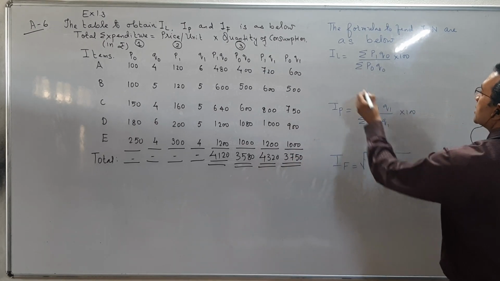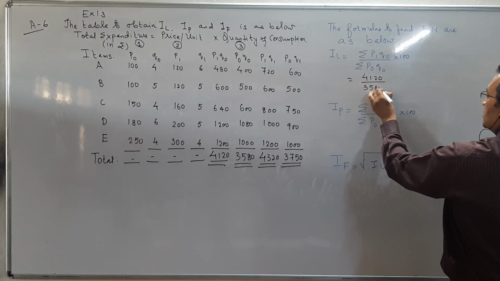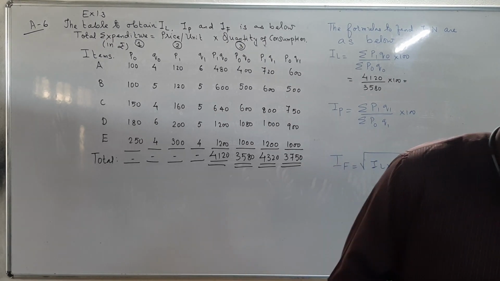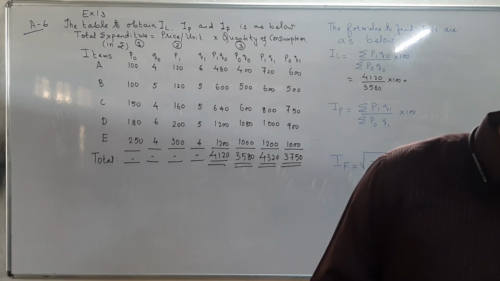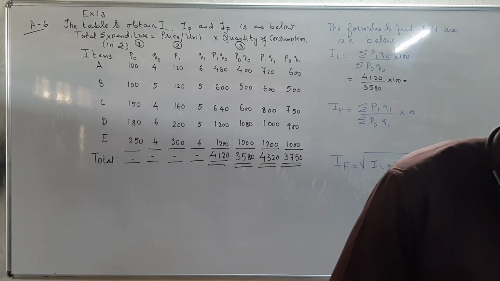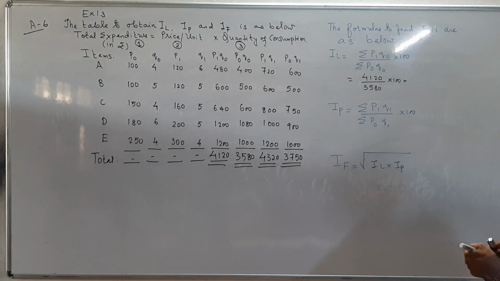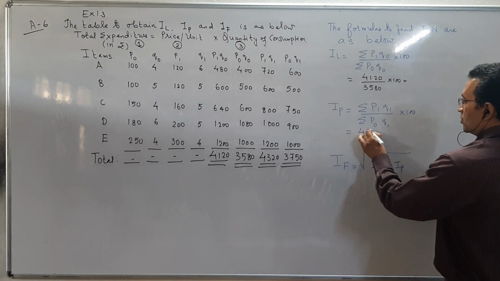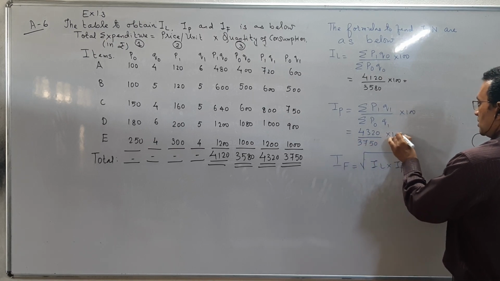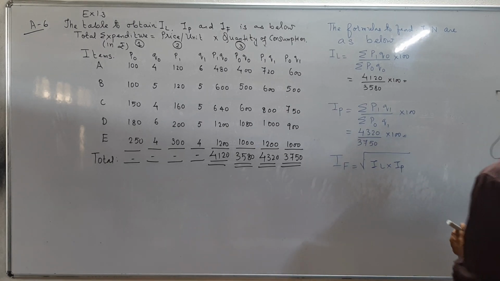Okay, first I am finding IL: 4120 upon 3580 into 100. Students, unfortunately I have not calculated this, so I think you can calculate it at home. Then IP, this will be 4320 upon 3750 into 100, and this comes out to be 115.2.